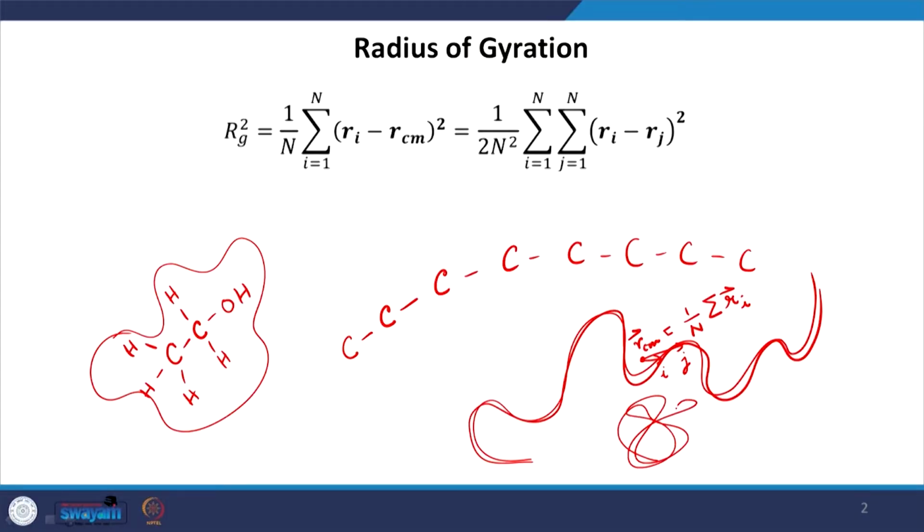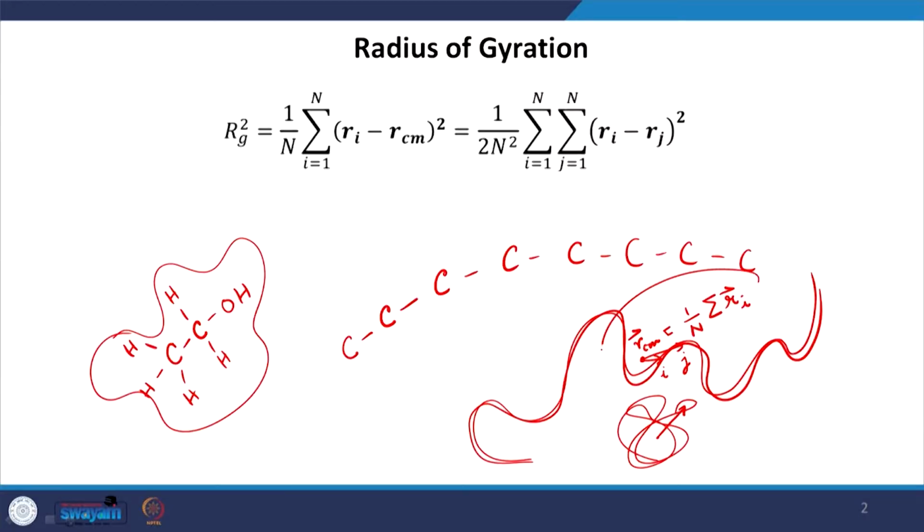And this size is going to depend on the conformation. The same molecule with the same number of carbons and other atoms can, for example, change conformation to like this. And in that case, clearly the Rg is going to be smaller because the units in the molecule will be closer to its center of mass.